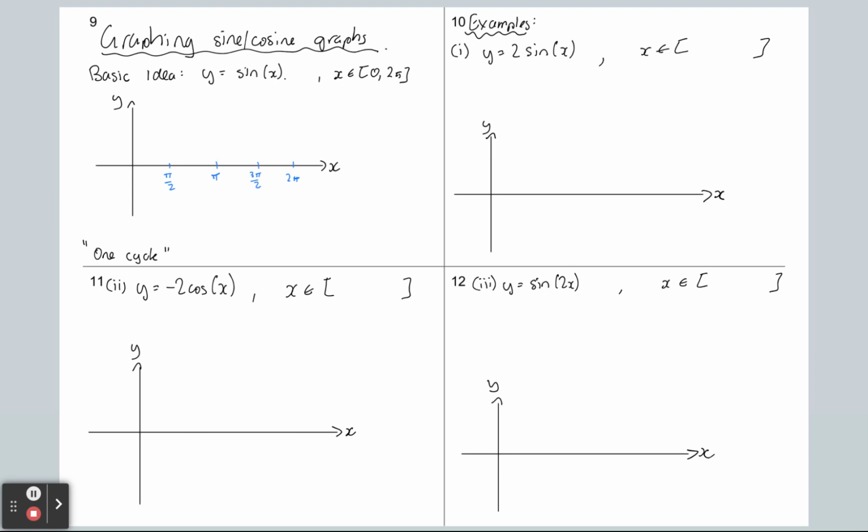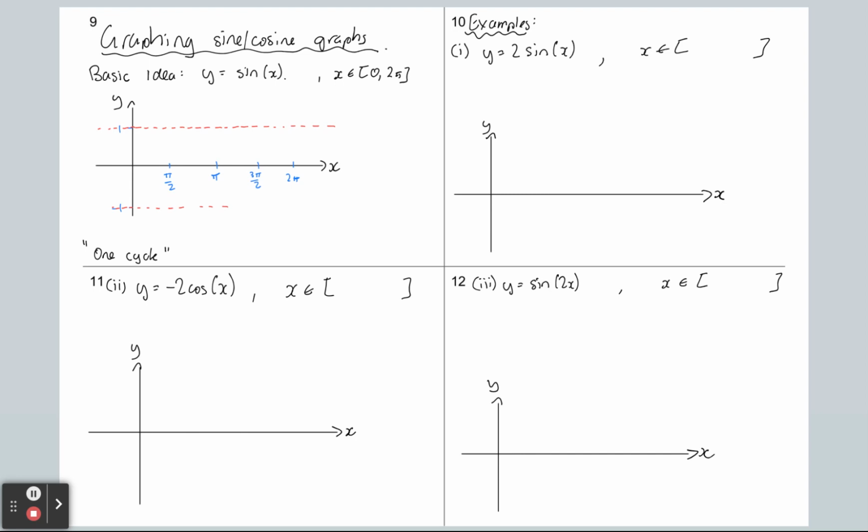Then I'm going to fill in with my amplitude, which for the base graph is just 1 to -1. Try and keep it pretty even if I can. Now, this bit's optional, but I find it really useful. Draw a dotted line as neatly as you can, just along the amplitude lines here.